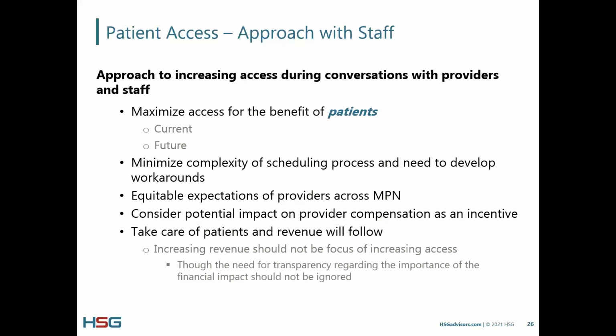I would recommend that as we talk about patient access issues, we look at maximizing access for the benefit of the patients, both our current patients and our future patients, our established patients and our new patients, and the frustrations that the staff deal with in trying to work around systems that do not promote timely, convenient access to care.